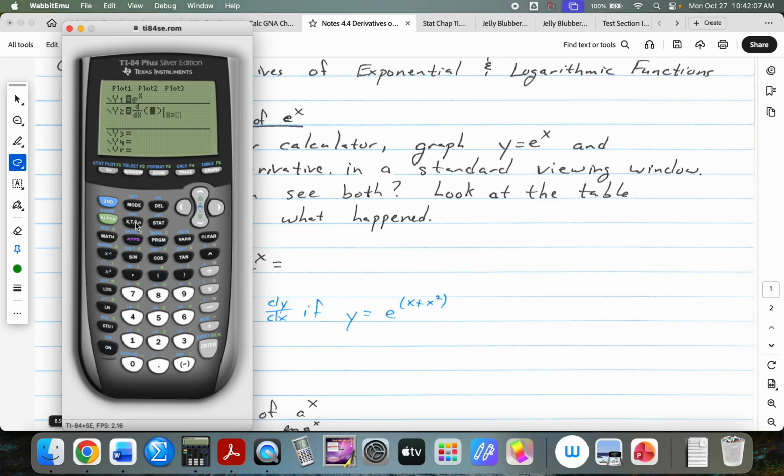The derivative with respect to x of, you can either type e to the x or you can be uber lazy and do second trace, and y1 is right there. So graph the derivative of e to the x at x equals x. I have no idea what my last zoom was, so I'll start with a zoom standard. And there's my graph of e to the x.